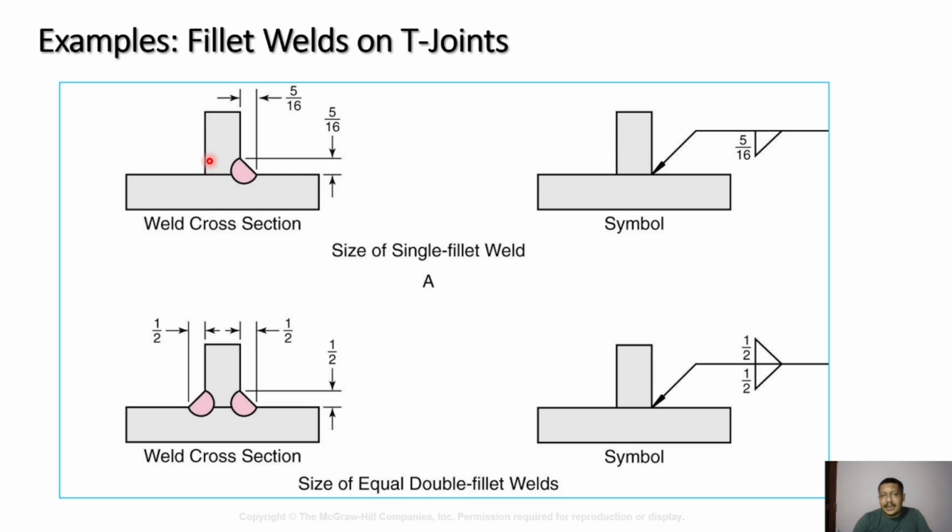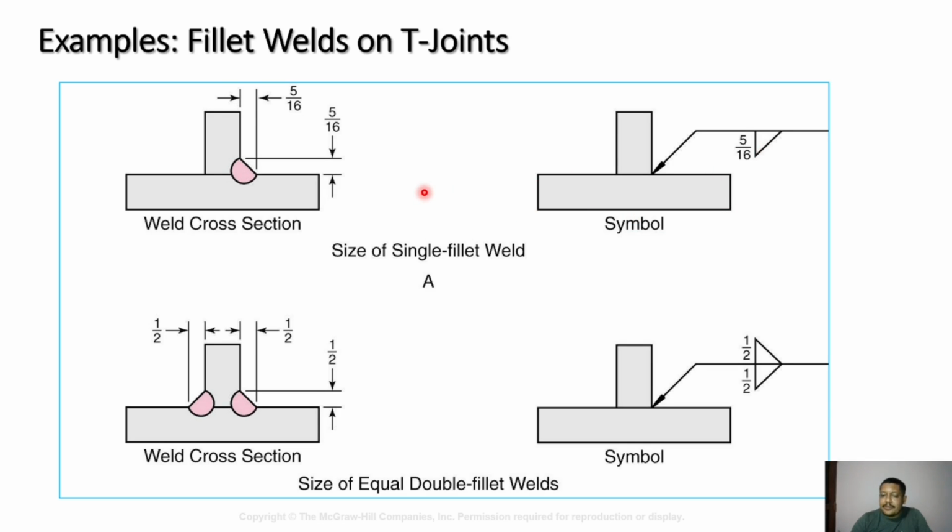I hope you can understand that the type of the weld shown here is the fillet weld. The weld width and depth is shown here as 5 by 16. So now you can see over here, this is my shape. So the corresponding weld symbol will be like this.